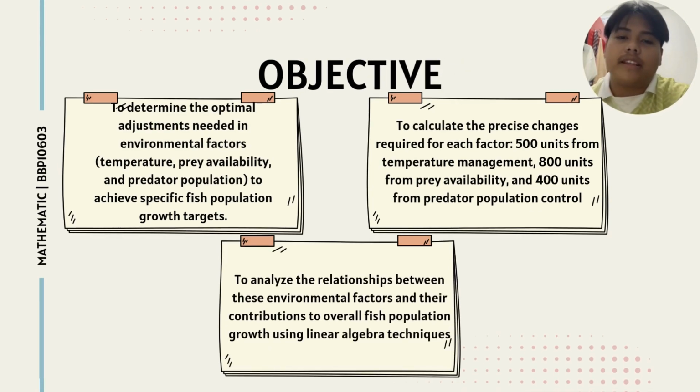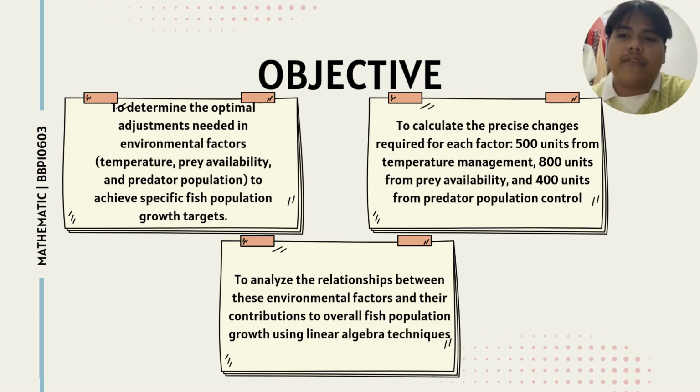Our objective we have put into three sections. The first is to determine the optimal adjustment needed in environmental factors, temperature, prey availability, and predator population, to achieve specific fish population growth targets. Secondly, to calculate the precise changes required for each factor: 500 units from temperature management, 800 units from prey availability, and 400 units from predator population control.